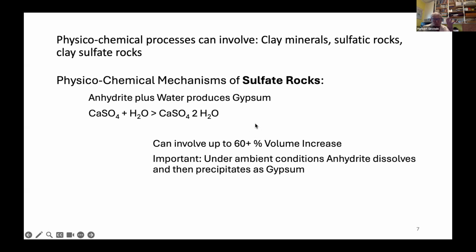If you have it in solid layers, it's much less. But the important point is this one here: you first need to dissolve the anhydrite, and then it precipitates out under ambient temperature. This is also quite important, something I'm not going to go into. The ambient temperature is quite important in this entire process.